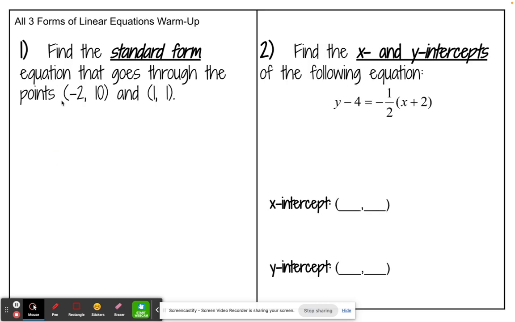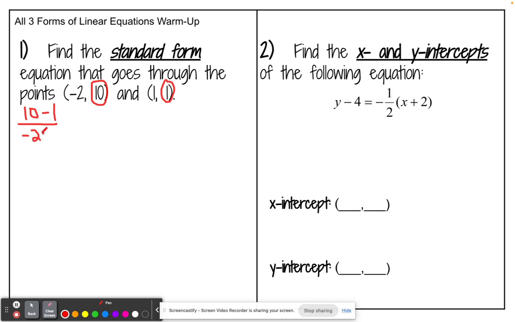Find the standard form of the equation that goes through points (-2, 10) and (1, 1). Well, what do you think would be the easiest thing to do first here? We need our slope, so I need to start from that. Let's keep our eyes on our y's. Let's look at our y's first because they go on top. So 10 minus 1 over -2 minus 1.